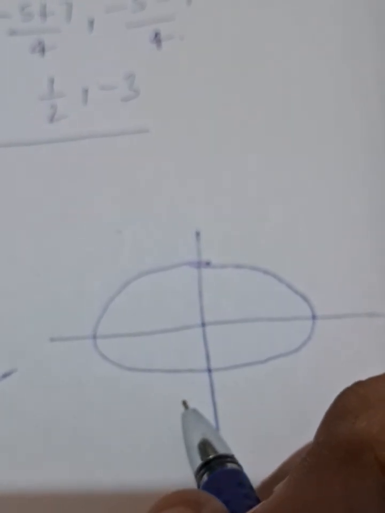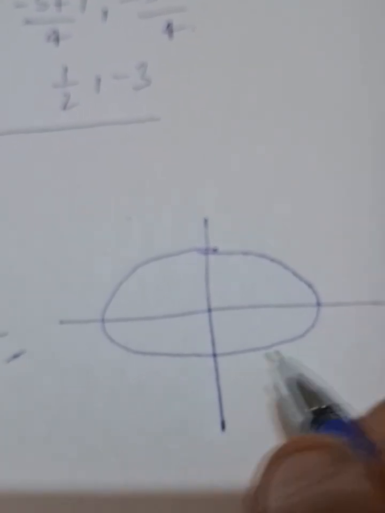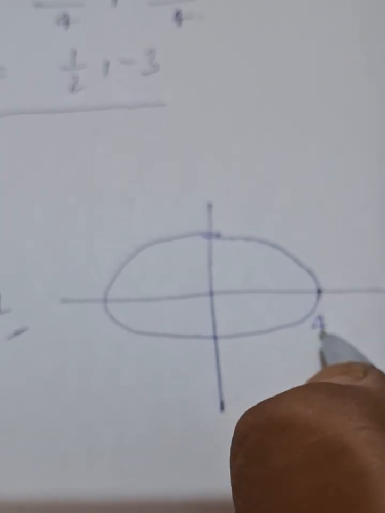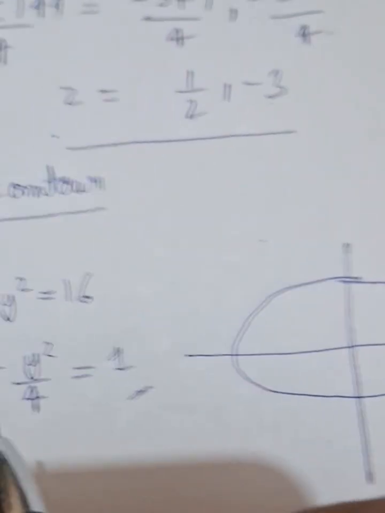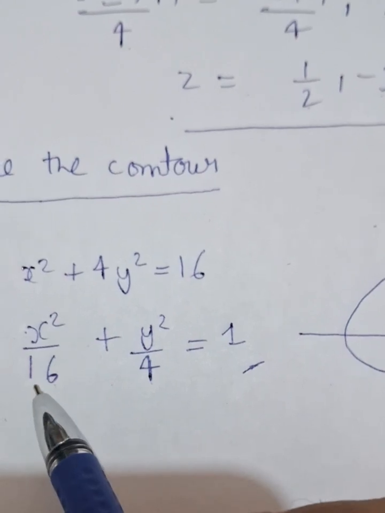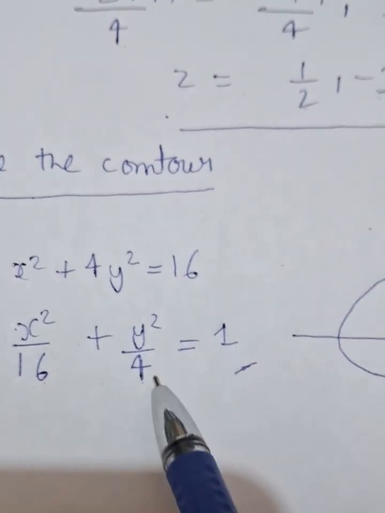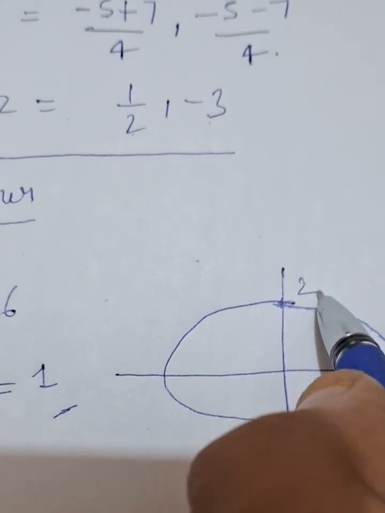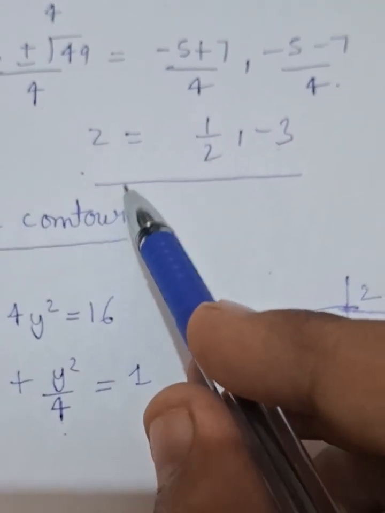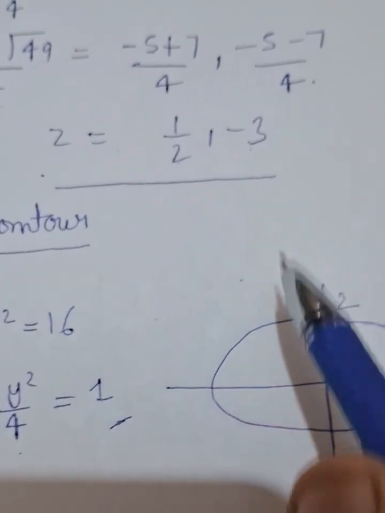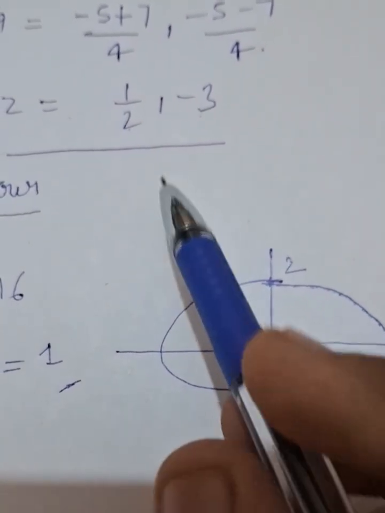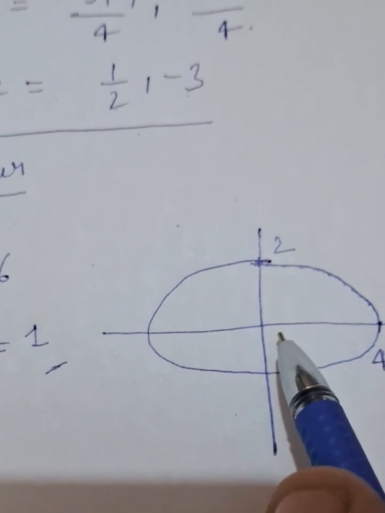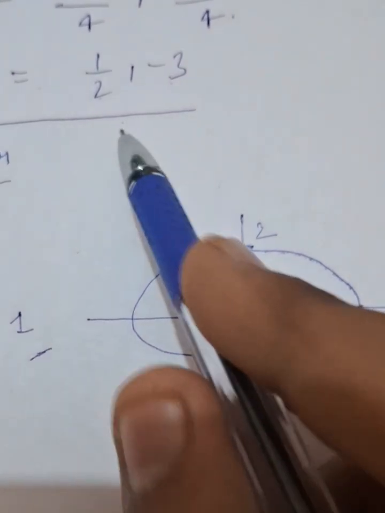Along the x-axis we have 4, as we can see from the equation that 16 is 4 square, and along the y-axis we have 2. These are our coordinates, and we have the singularity points z equals 1 upon 2 and minus 3. We can easily see that both the points lie inside our contour, so we have to do the integration part for both the points.